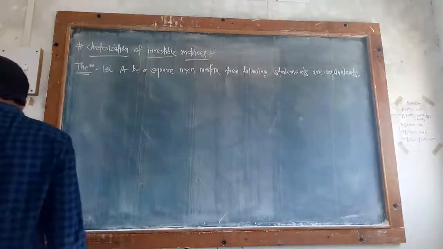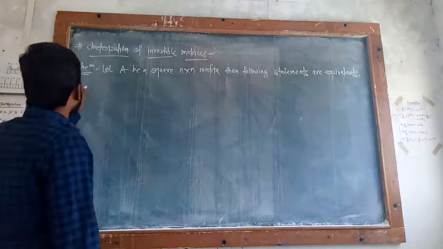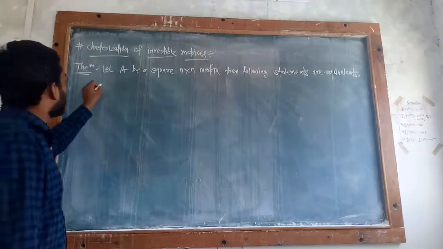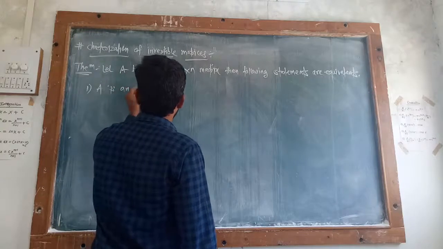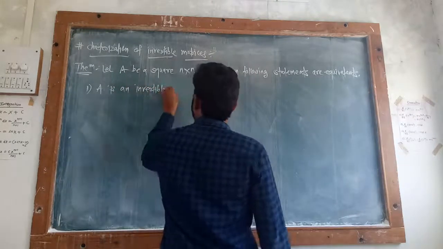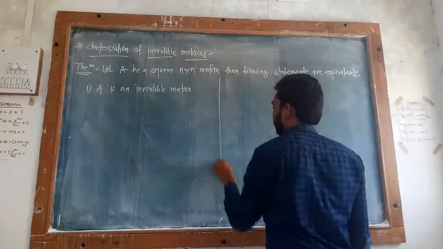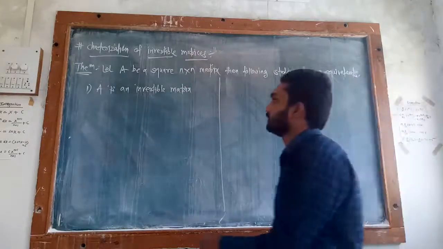Your first statement is: capital A is an invertible matrix.